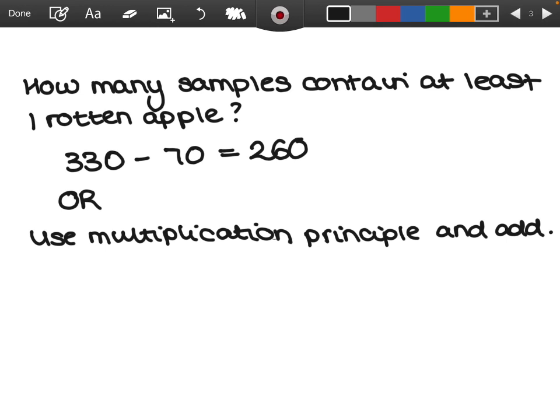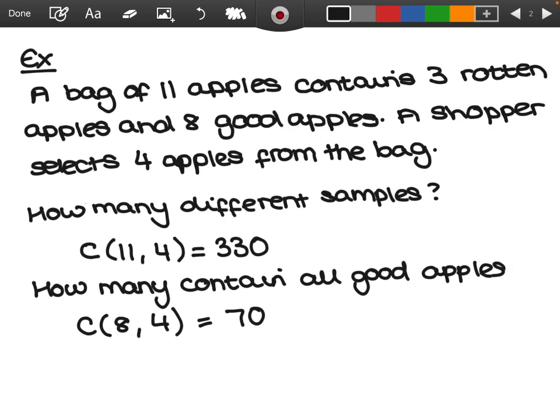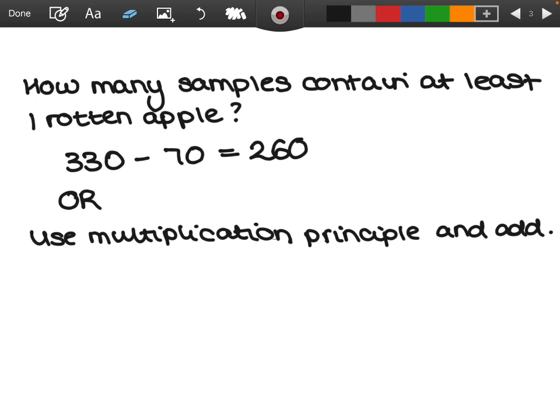Because if there's at least 1, then we don't need to worry about the case when there are no rotten apples. That means that I don't have to worry about these 70 outcomes that we have where we have all good apples. So out of the 330, I can ignore those 70 outcomes. And that means that the other 260 of the 330 must contain at least 1 rotten apple because we've got rid of all of the outcomes where we have all good apples, which means no rotten apples. So I kind of went the shortcut way with that one.